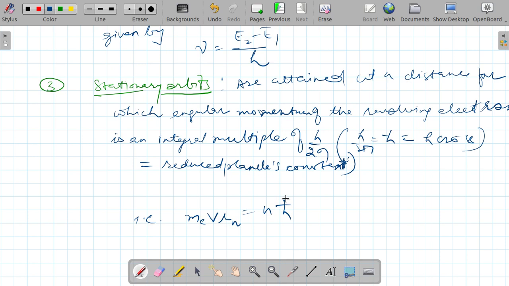Rn is the radius of the nth energy level.